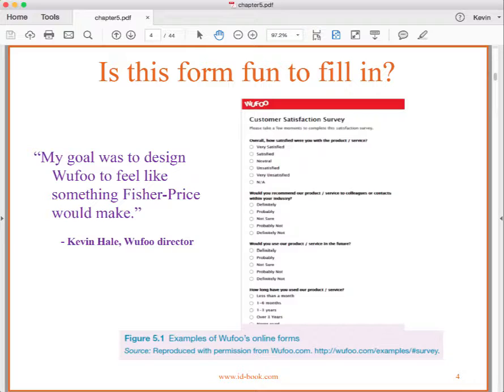And when I look at it, I have to say it has sort of a Fisher-Price kind of a look. It has their kind of coloring, and maybe the logo has a little bit of whimsy to it, and everything's kind of straightforward and easy to read. So, well, that's good. The problem is I'd rather play with a Fisher-Price toy than I would answer a form. So, is this better than a nasty form? Sure it is. It's still a form. It's still a survey.